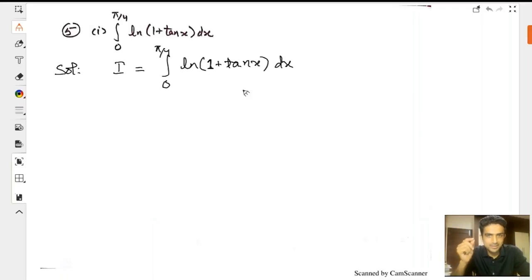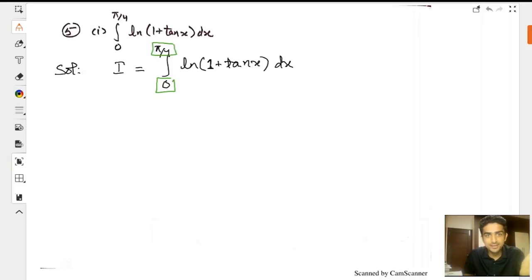So if there is some integral which you are out of ideas what to do with, but you see that the limit is 0 to a types, guys, you must give a try to King's rule. Let me tell you, it will simplify.